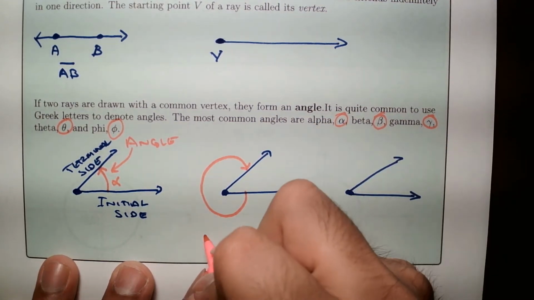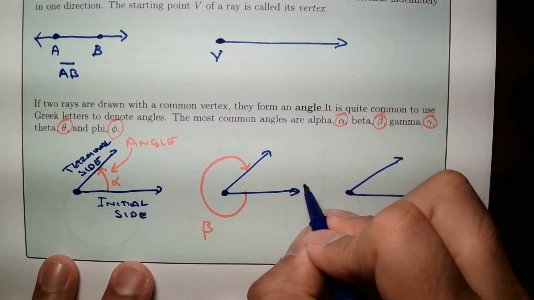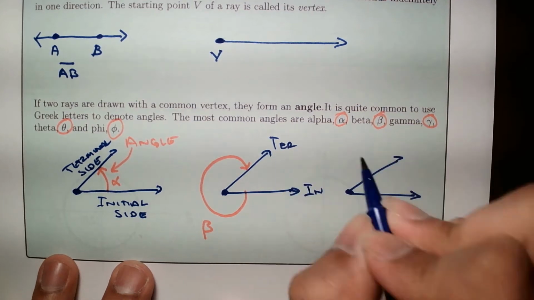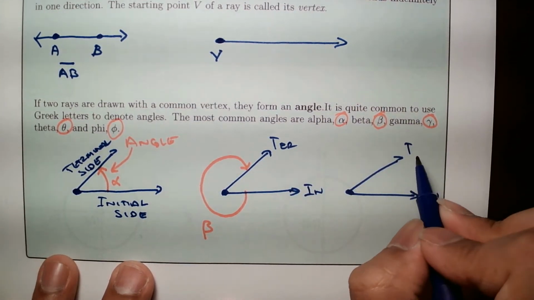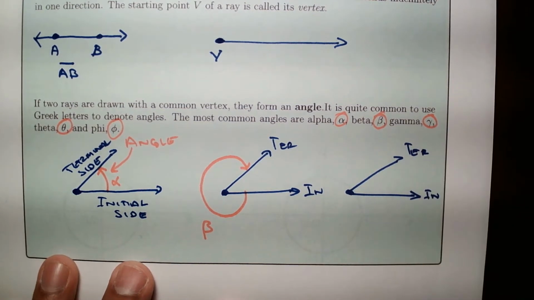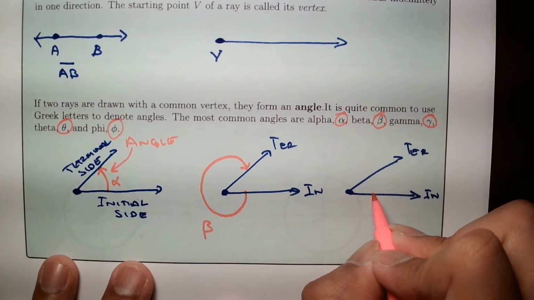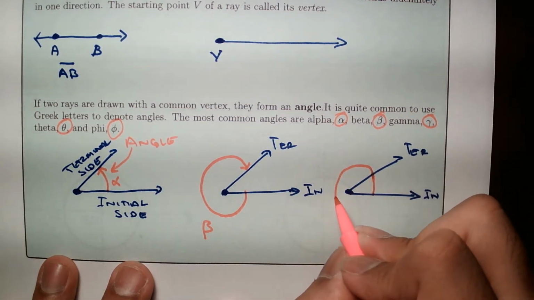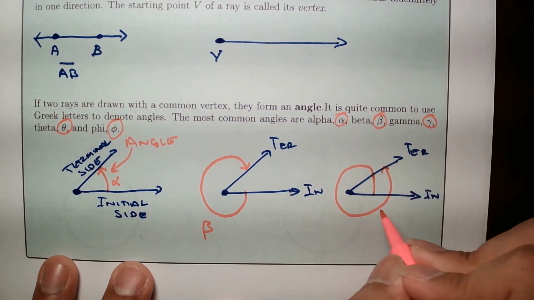Let's call this beta. And this is still initial, and this is terminal. This is also going to be initial. This is going to be terminal. Let's use a different letter. So for example, instead of going just here, we can do the entire rotation and then reach the same angle again and do multiple rotations.